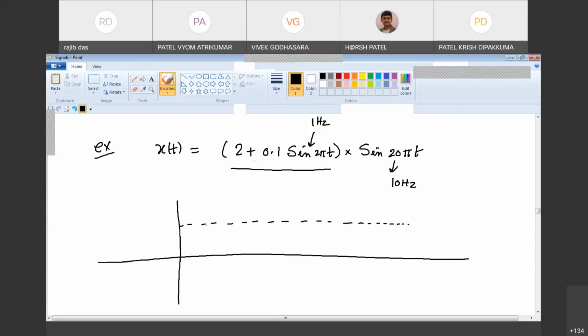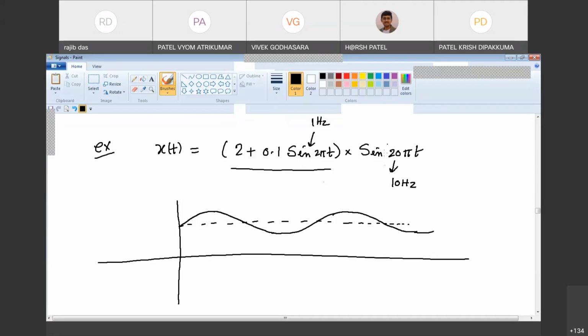This 2 plus, so we may consider. Now what will happen?